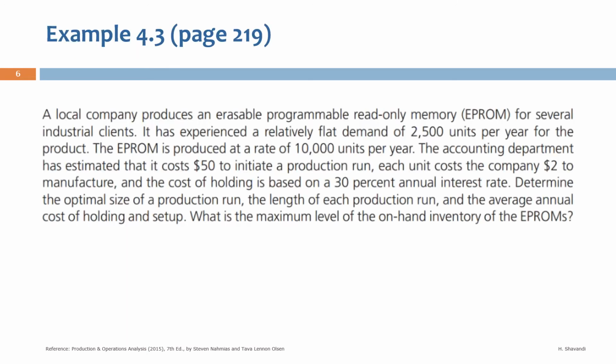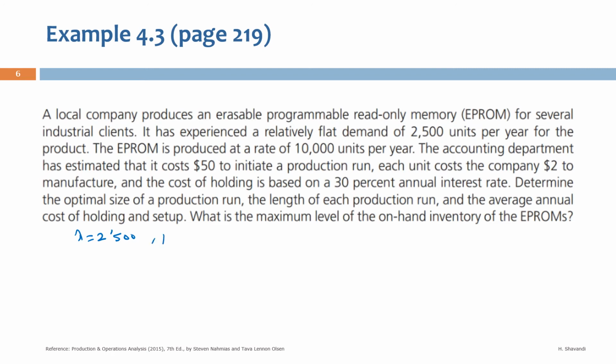Let's have an example here. A local company produces an erasable, programmable, read-only memory, EPROM, for several industrial clients. It has experienced a relatively flat demand of lambda equals 2,500 units per year, and the EPROM is produced at a rate of 10,000 units per year.